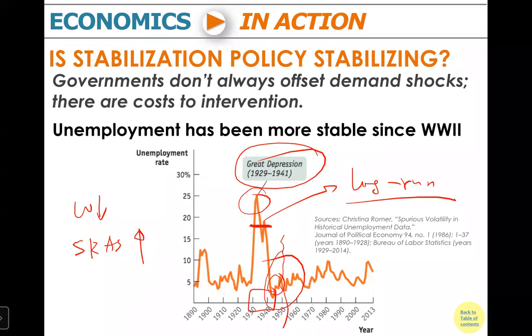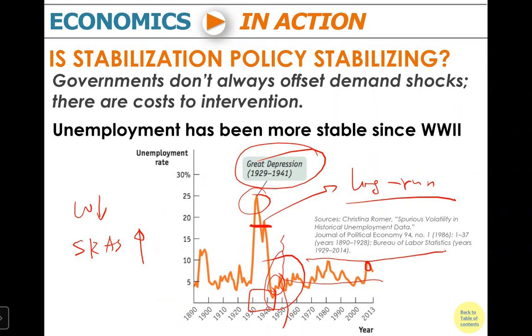But you can see that since then, recessions are relatively mild, in the sense that the damage is smaller and relatively shorter. Yes, you have high unemployment, but it lasts for a few weeks or a few months.